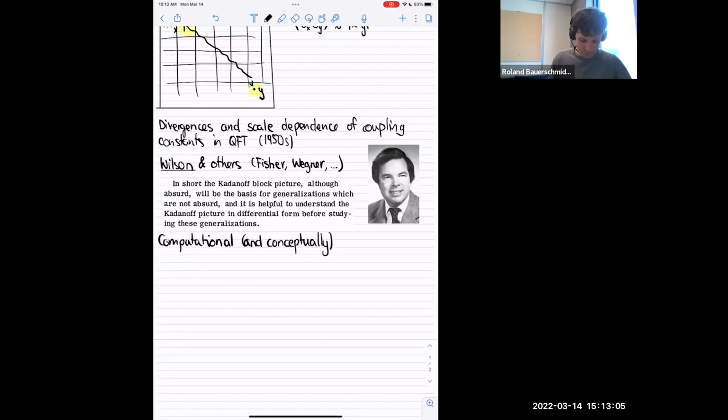One is how to actually understand this picture in a computational way so that you can do something. The other one is the broader conceptual picture that came along with it. So it's a computational and conceptual picture approach.